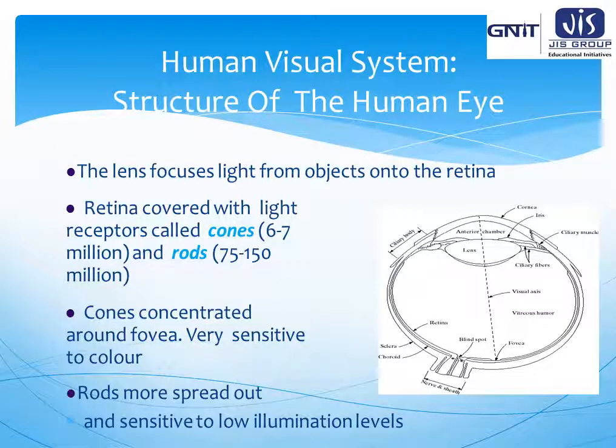Here the human visual system, or HVS, is given, that means the structure of the human eye. From the image we can see there are lots of portions here. The first one is the cornea.